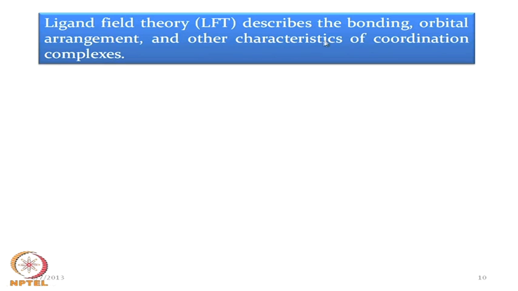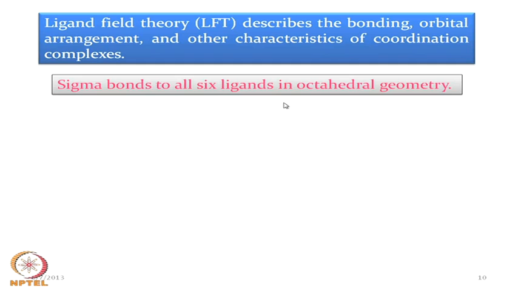These bonding parameters and orbital arrangements are characteristic for all the different types of coordination complexes. Now, if we arrange 6 ligands around the metal in octahedral geometry, we will have 6 sigma bonds, facing 2 each from the 3 axes x, y and z.